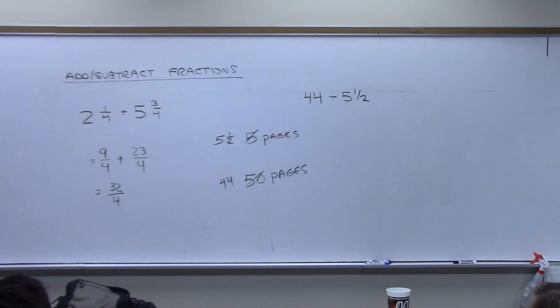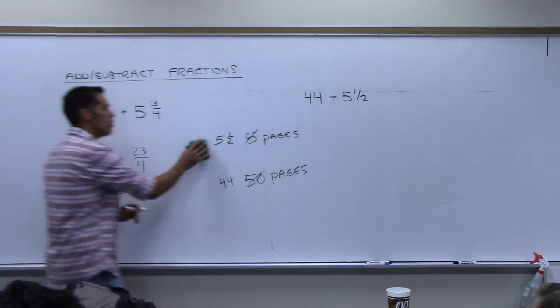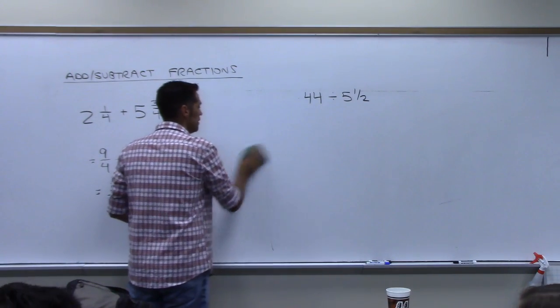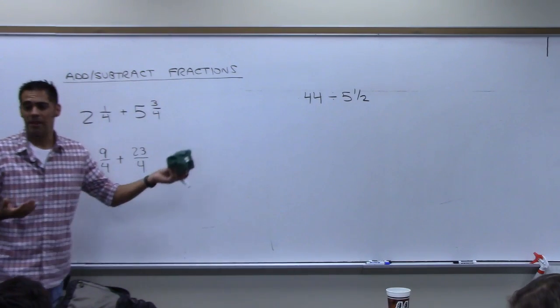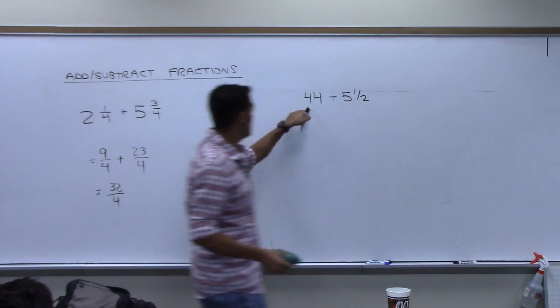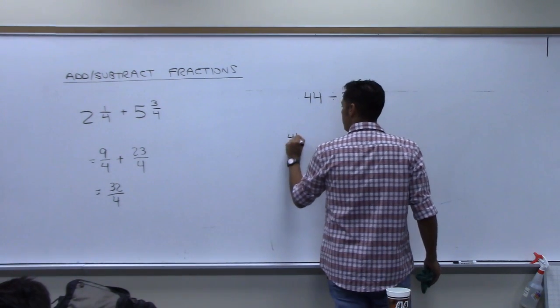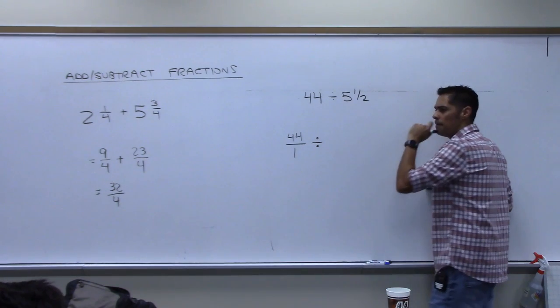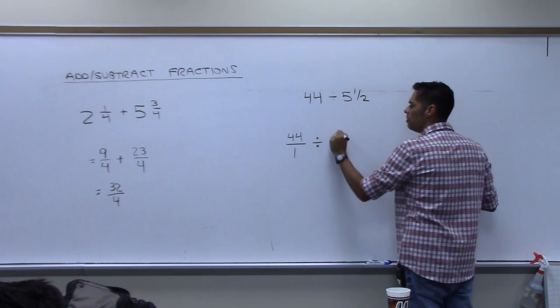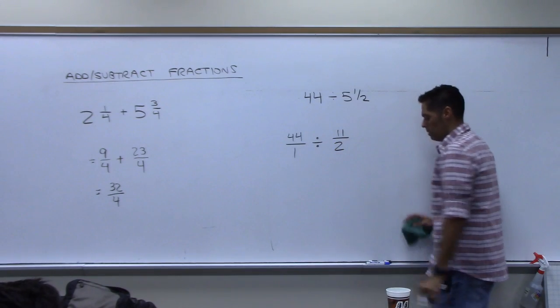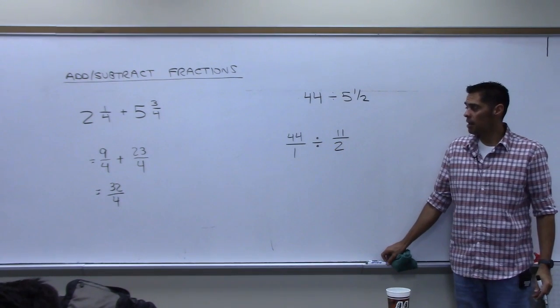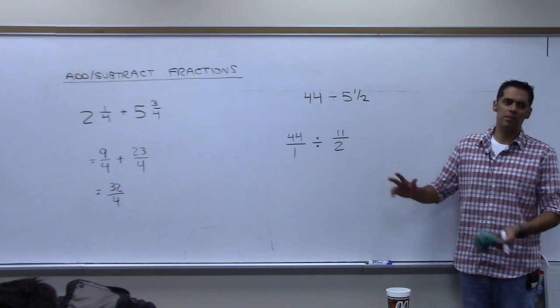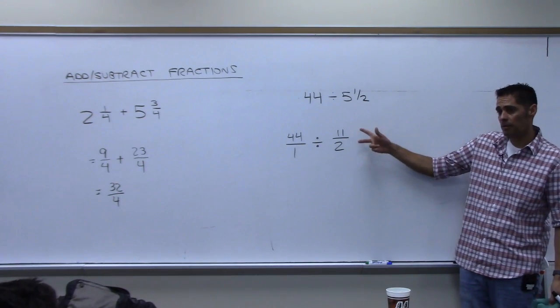All right, so for this one, 44 divided by 5.5, I'm going to have to turn everything into fractions first. So I'm going to rewrite 44 as 44 over 1 divided by, what's this fraction? 11 over 2. And then we need a common denominator or no? No, this is division, right? So this is the easy thing. You just flip it.